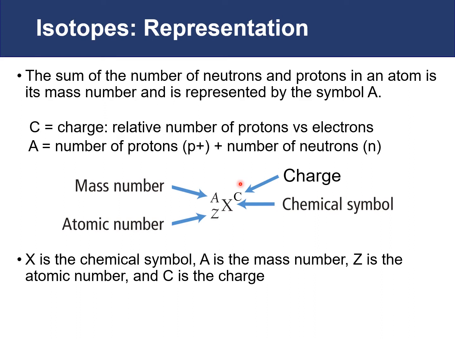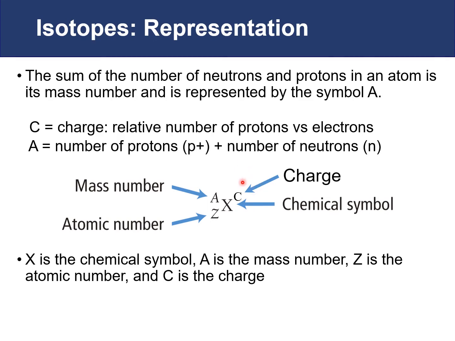Again, remember that the charge on a proton and the charge on an electron are the same in magnitude but opposite in sign. And atoms and molecules don't generally interact with an electromagnetic field. So most atoms, when you come across them, are going to have a 0 charge, though not always.